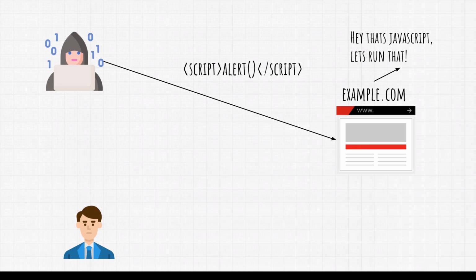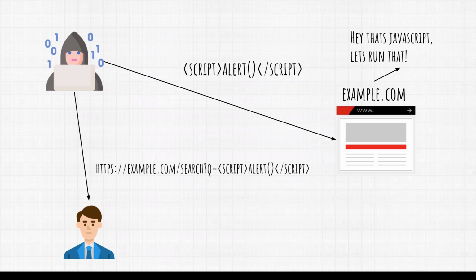Then the attacker sends the link to that web page with the JavaScript code set as an input to the vulnerable parameter. Once the target opens the link, it will also run the JavaScript code on the vulnerable website. The XSS where the JavaScript code we inject doesn't get stored and saved on the server is called reflected XSS.